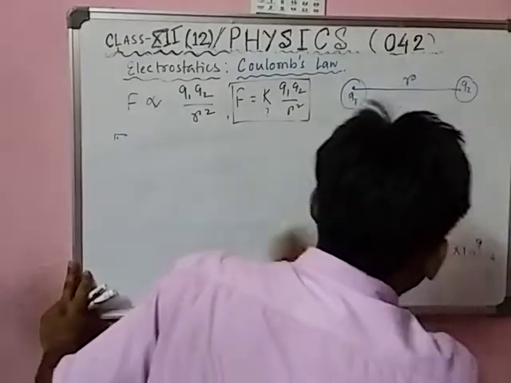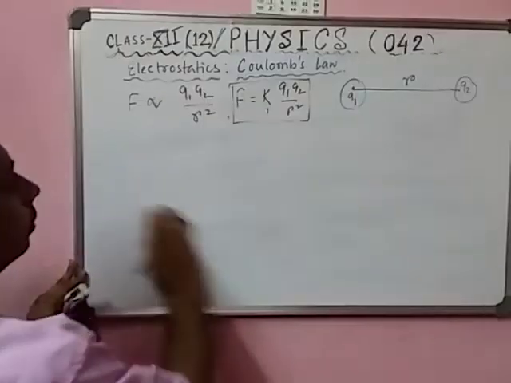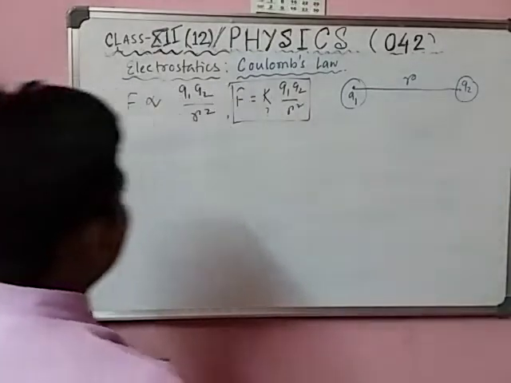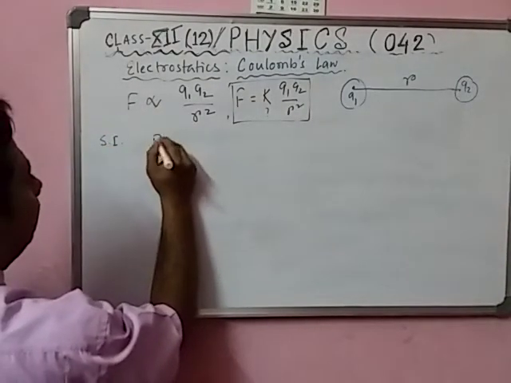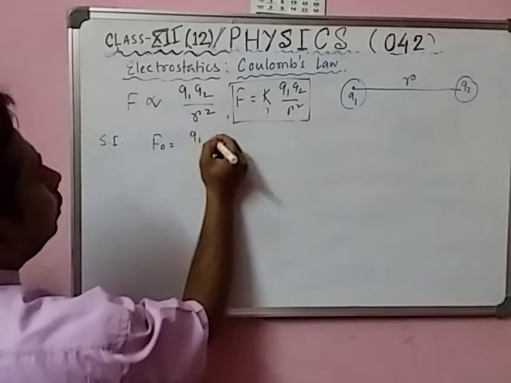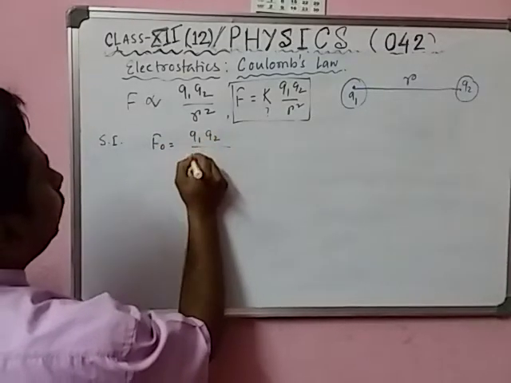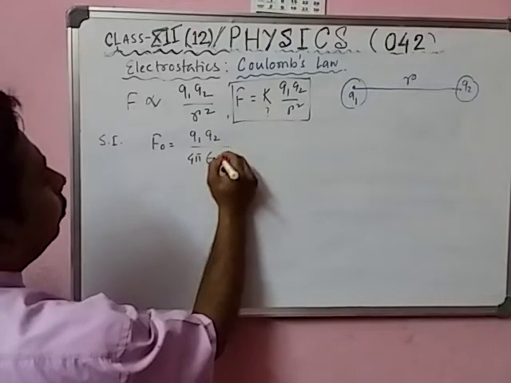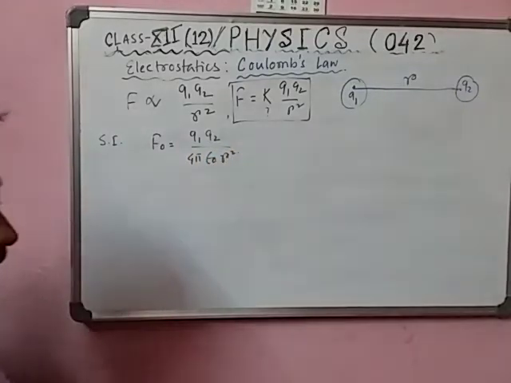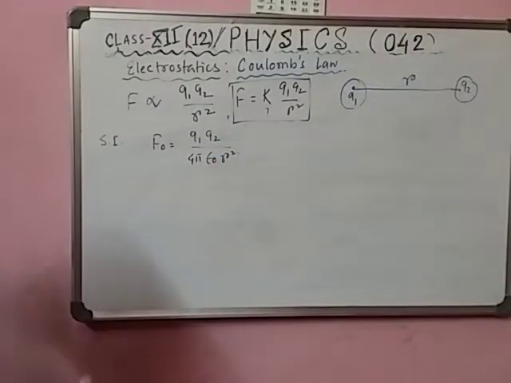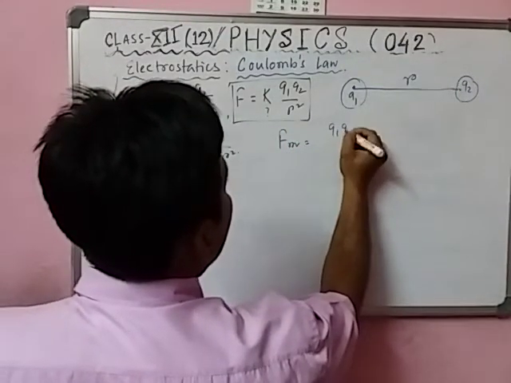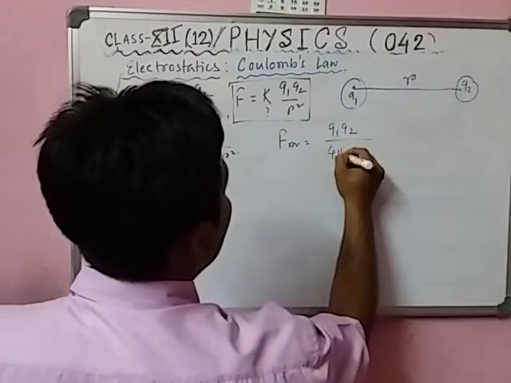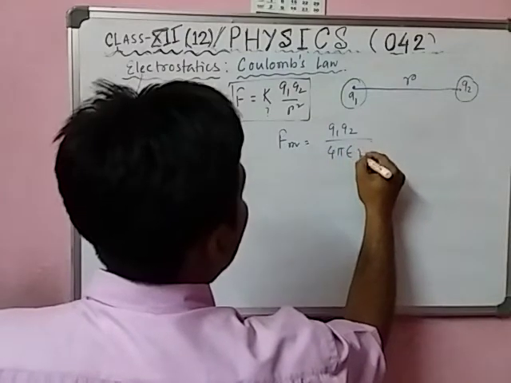So students, you can write Coulomb's law for free space in SI like this: F naught is equal to Q1 Q2 by 4 pi epsilon naught r square. And for any medium, suppose Fm is equal to Q1 Q2 by 4 pi epsilon r square.